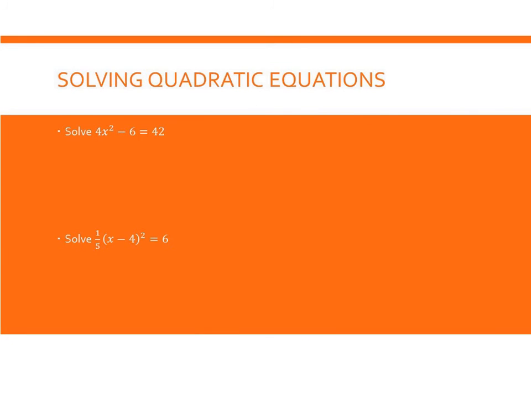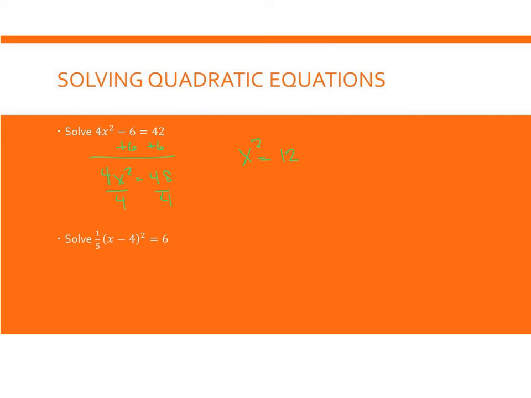Alright, lastly I've got these two equations for us to solve. So what you want to do is try to get x squared by itself if possible. So this first one we're going to start by adding 6, which is going to be 4x squared equals 48. Then we're going to divide by 4, which gives you x squared equals 12.